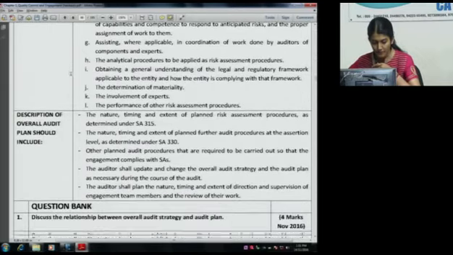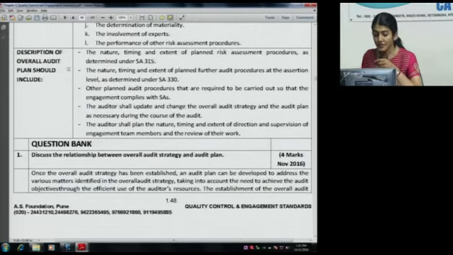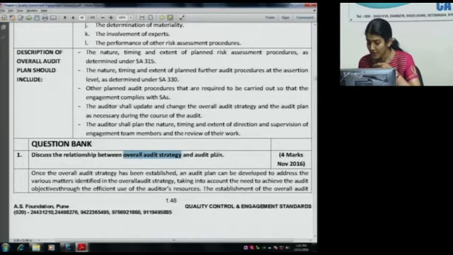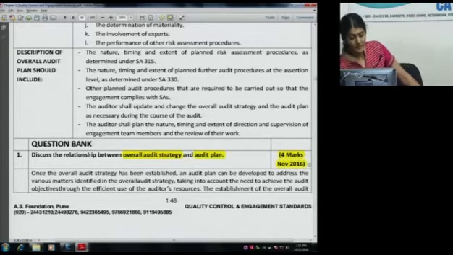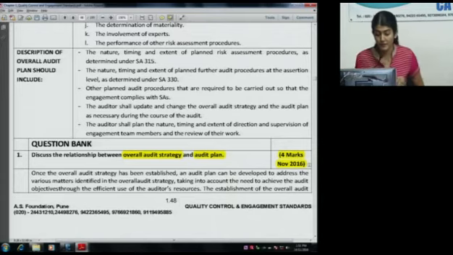Discuss the relationship between overall audit strategy and audit plan. 4 marks, November 2016. So what did we say? Strategy comes before.